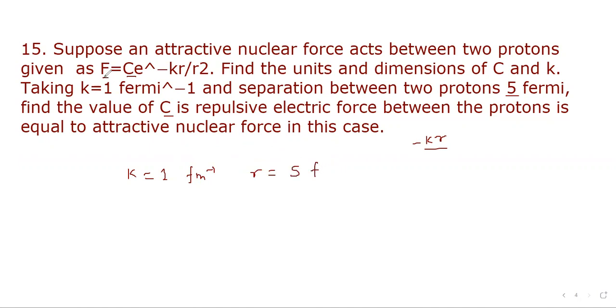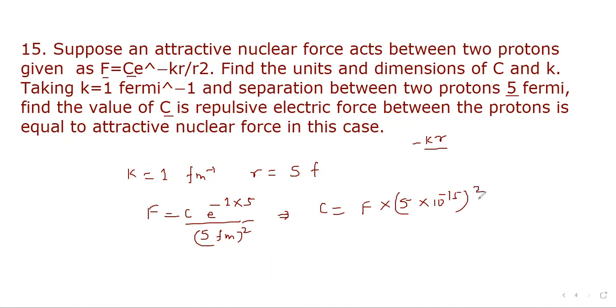If we put the values, we will get F equal to C e to the power minus K is 1, R is 5, divided by R square, 5 Fermi square. Our purpose is to get C, so C will be F times 5 Fermi, Fermi means 10 to the power minus 15, square, divided by e to the power minus 5.